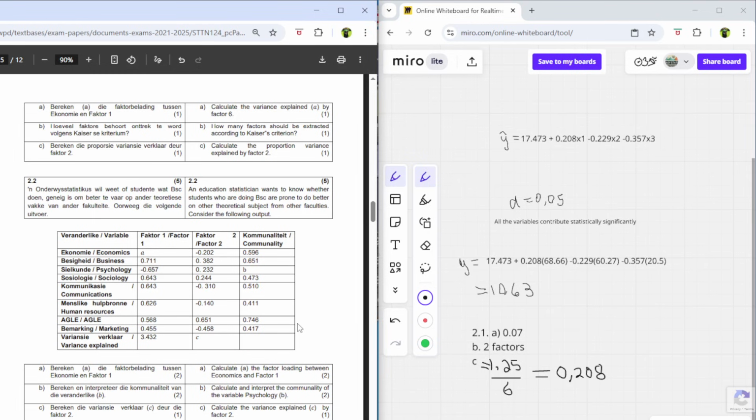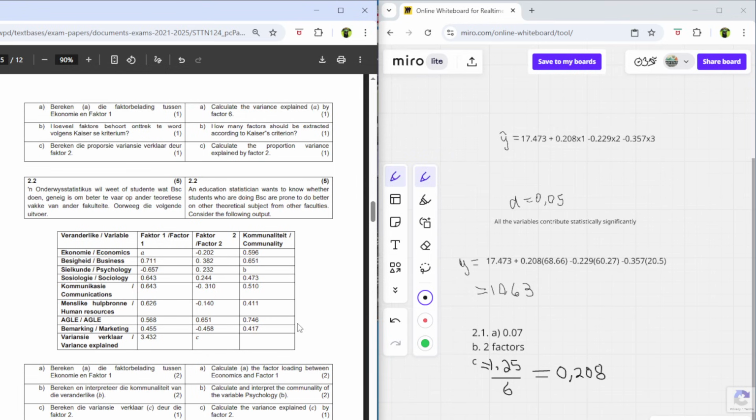Now 2.2. An education statistician wants to know whether students who are doing BSc are prone to do better on other theoretical subjects from other faculties. Consider the following output.